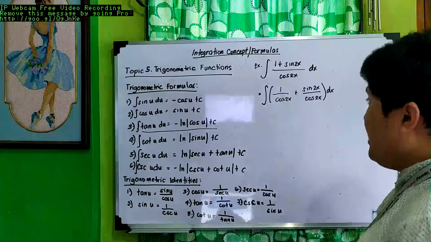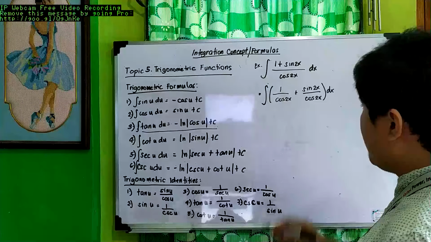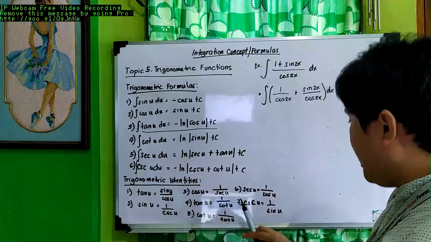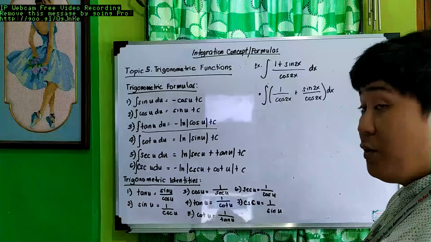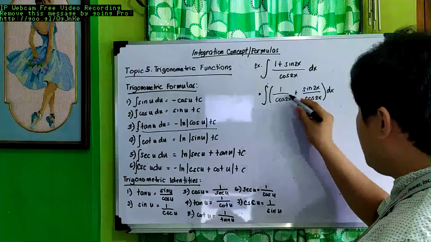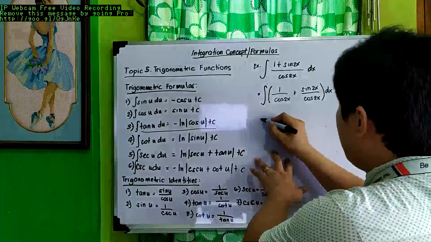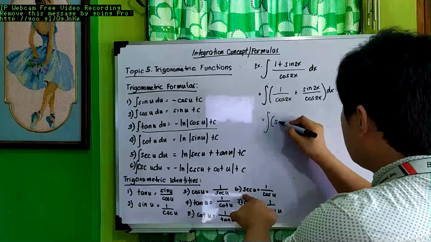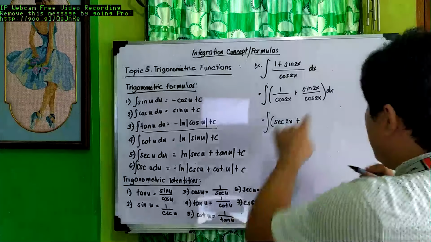So, in this case, 1 over cosine 2x, we have 1 over cosine, that is equal to secant u. So, if this is our u, this is just equal to secant 2x plus, what is this?